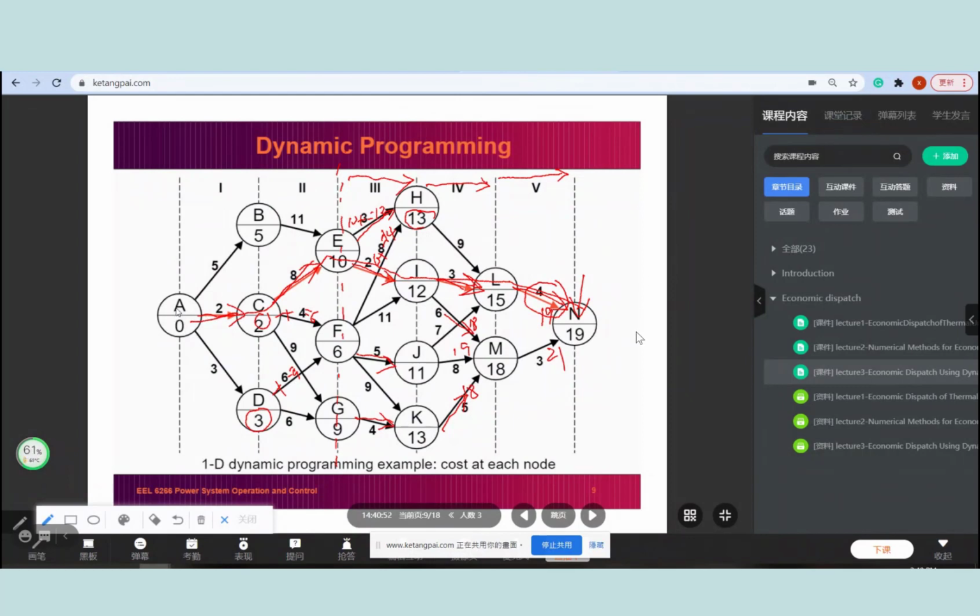We just solve the problem one stage and then another stage and continue to the next stage. Any question for this? It's a very simple mathematical problem. We calculate stage by stage and found the best route is ACEILN.